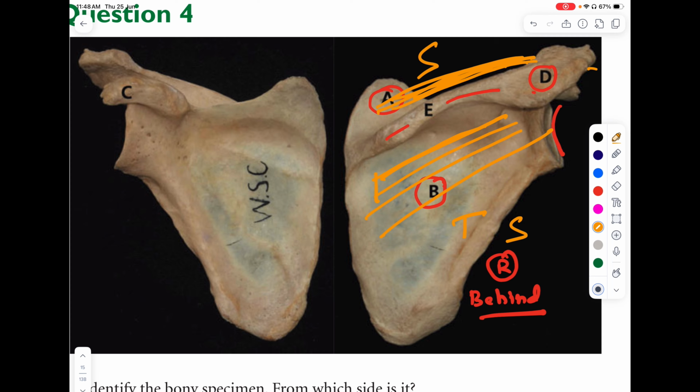Then it forms again the teres minor. And subscapularis is from here, and it is inserted on the lesser tubercle. So subscapularis causes medial rotation. These all cause lateral rotation.